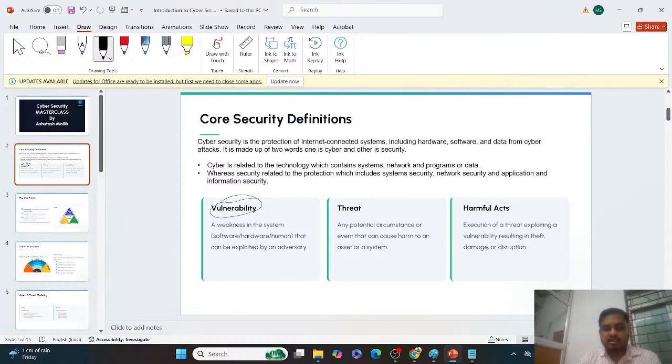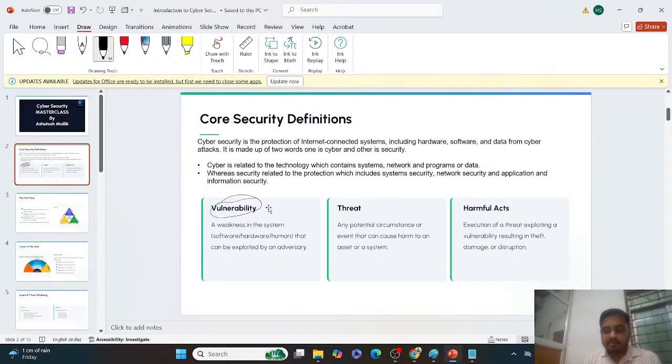They can get access to everything: your mobile numbers, contacts, any photos and videos you have, they can easily get access. Similarly, if your system is not password protected or you lack something, your system can be compromised.